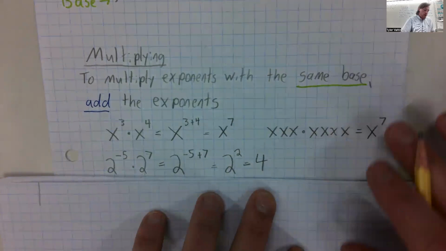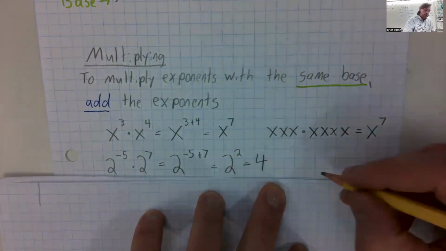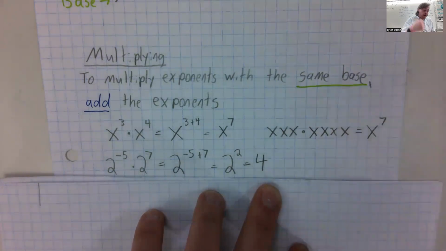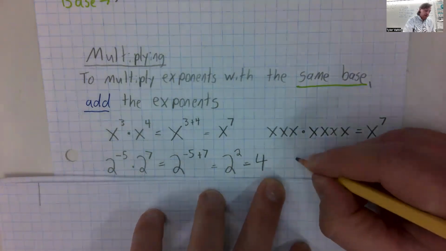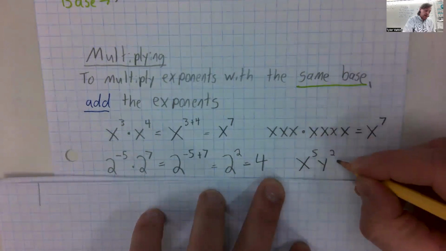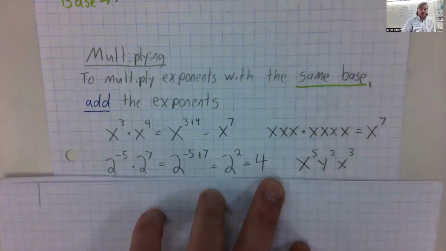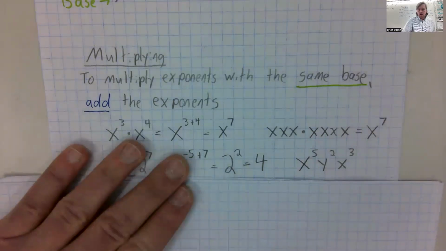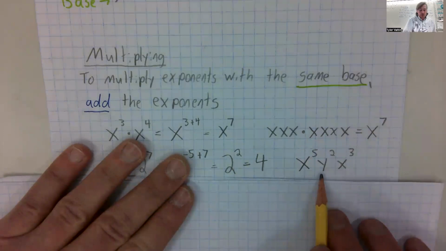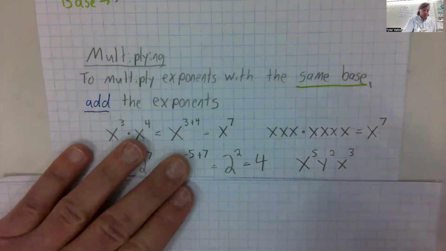Now, going a little bit further, when we start simplifying expressions that aren't so simple, we're going to start to see stuff like x to the fifth, y to the second, x to the third. That's going to be an expression that we need to simplify, these 3 terms. Well, there's nothing I can do with the y because it doesn't match the bases of the x's.